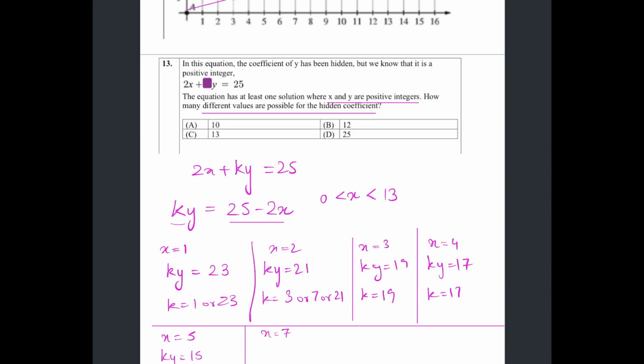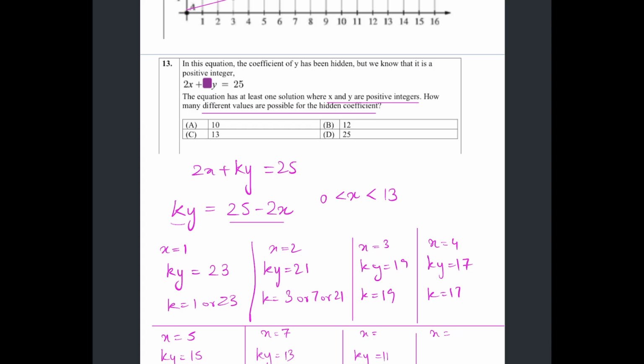For x equals 7, we have ky equals 13, so k can be equal to 13. For x equals 9, we have ky equals 11, so k can be equal to 11. For x equals... I'm sorry, did I miss? Yeah, so this was supposed to be 8.